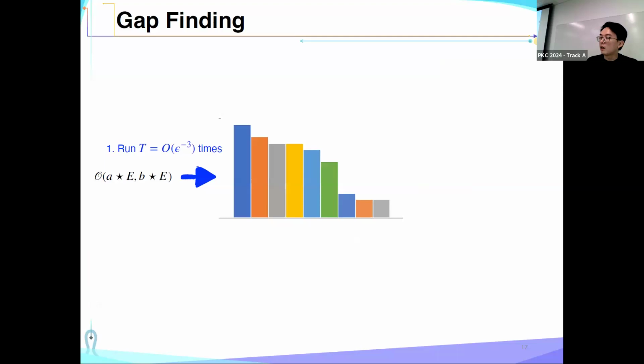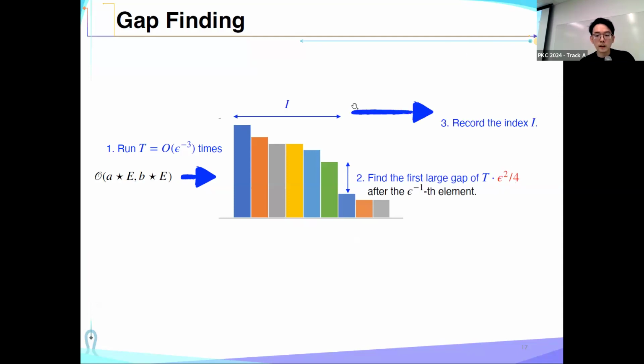It sounds good, but the question is how to find a gap. It's also easy. We run the oracle on any input T times, where T is roughly epsilon to the -3. And then we find a large gap with respect to this parameter. Then we record how many distinct elements are before the gap.